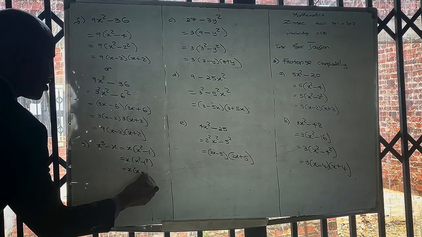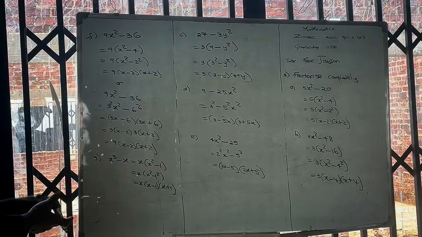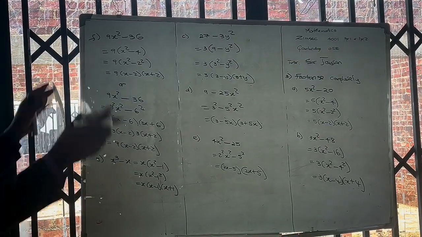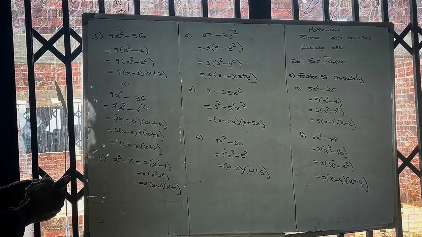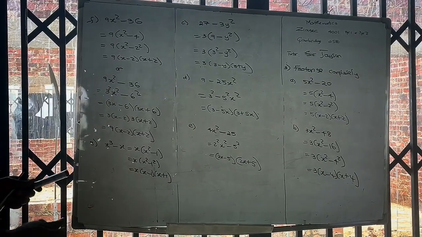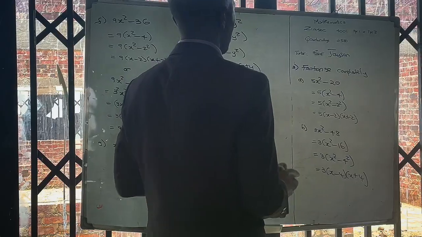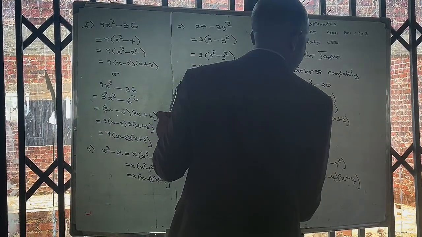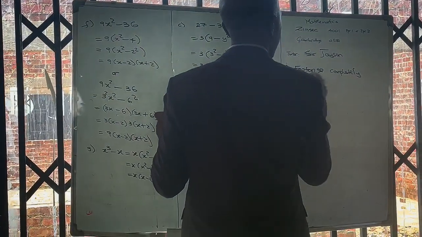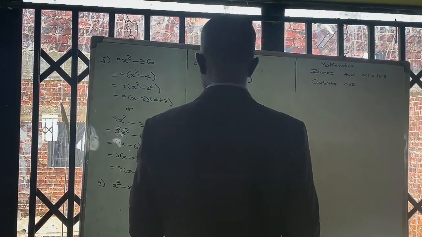That's x minus 1 bracket x plus 1. Having done this, we have looked at factorization, but I'll give 2 or 3 more examples before we give practice questions.